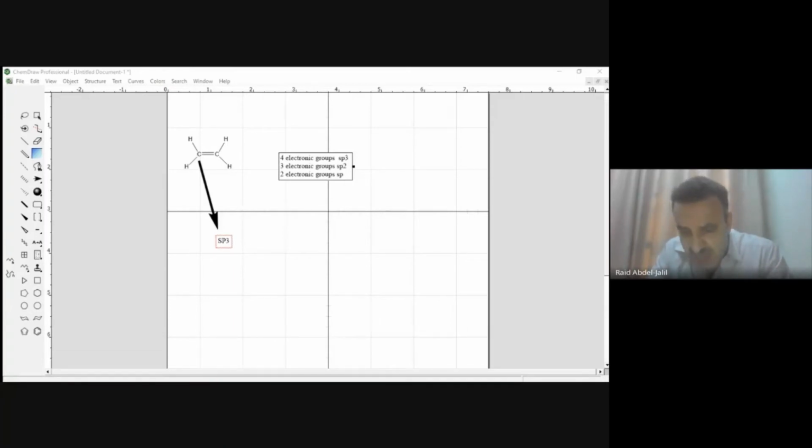There will be s and 2 p orbitals, and that's why we call it sp2. I'm sorry, I wrote it wrongly here.